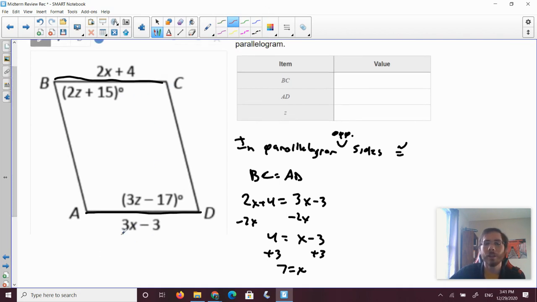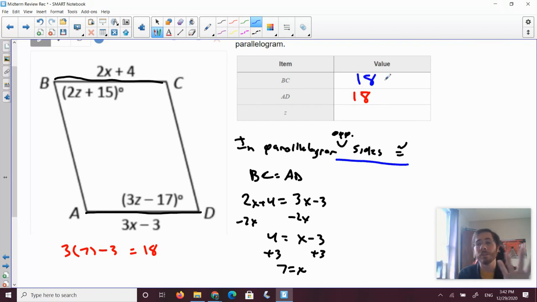I think I'm just going to go down here because I got the space. Probably easier to do the top one because it's an adding instead of a subtraction, but it's your choice. 21 minus 3 is 18. So I know that AD is 18. Since BC and AD have to be the same, because opposite sides have to be congruent, I already know BC is also 18. I could plug it in if I want to, don't need to. If you do want to double check, again, it's got a built-in check, we do get 18.